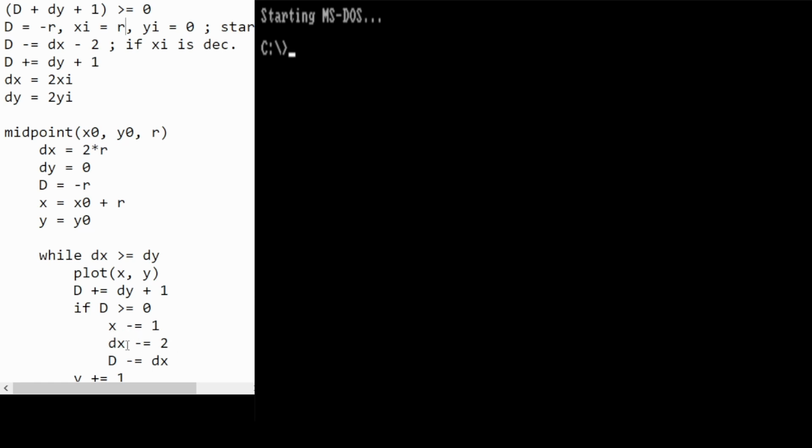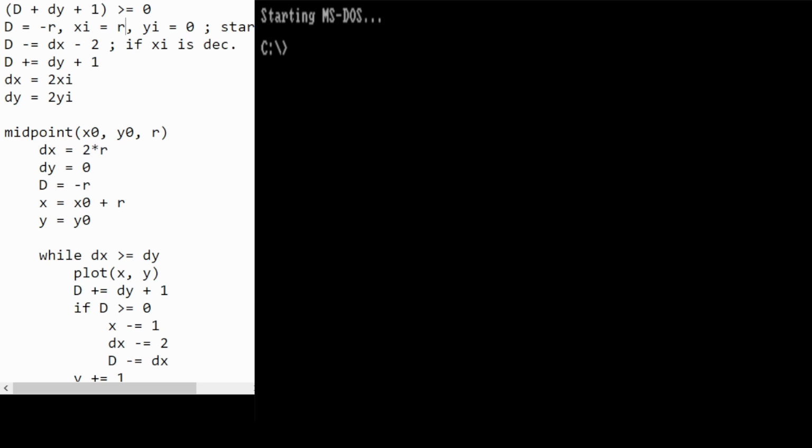We subtract 2 from dx, and then subtract the dx from d. And again, it's really convenient that we're actually subtracting 2 from dx here, because if xi is going down by 1, dx is going down by 2, and so that's exactly what we need here anyway. So it's really great that we've already done this just in evaluating this step.